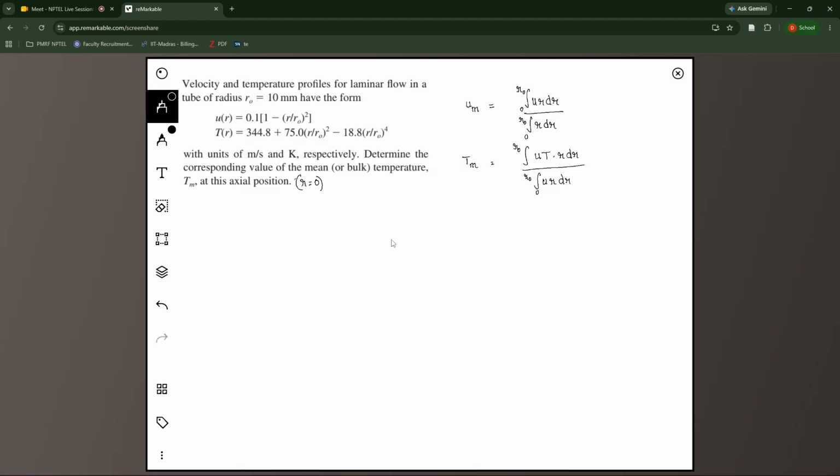This is more of an analytical exercise, so maybe you can take 5 minutes to solve this.